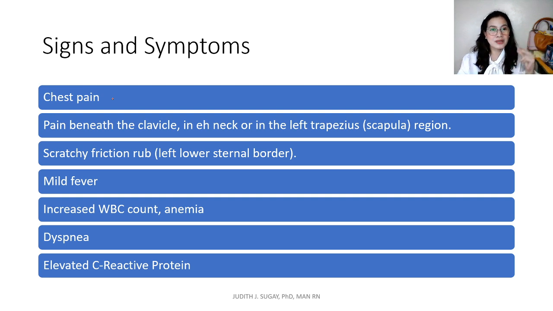There is a scratchy friction rub that you can hear. What else? Mild fever. There is infection, so you can check the WBC, white blood cell count, which is increased. Then there could be anemia, difficulty of breathing, and the elevated CRP again means that there is inflammation.